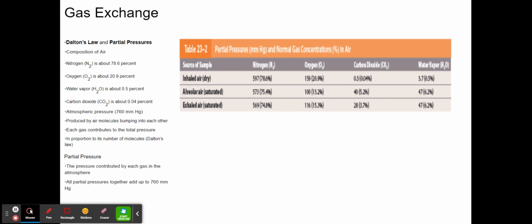We can easily calculate the partial pressures of each gas because we know the individual percentages for each gas in the air. For example, the partial pressure of oxygen, or PO2, is 20.9% of the 760 millimeters of mercury, or roughly 159. The table that you see here, 23-2, includes the partial pressures of other atmospheric gases.